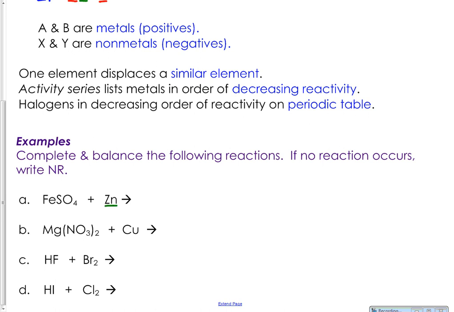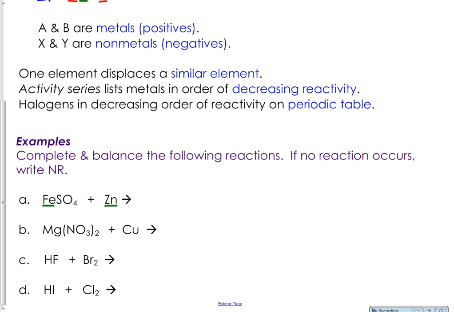Looking at your periodic table, you'll see that zinc is a metal. So it's going to try to take the place of the other metal in the compound, which is iron. In order for zinc to be able to replace iron, zinc would have to be above iron on the blue sheet. So look at your blue sheet, and is zinc higher than iron? Since it is, this reaction will happen.